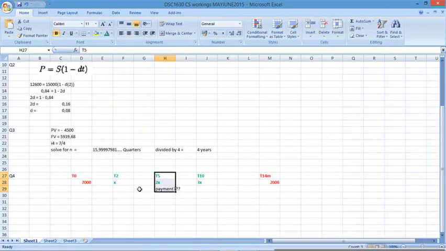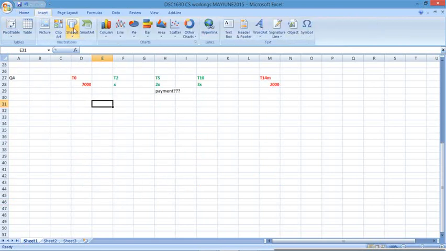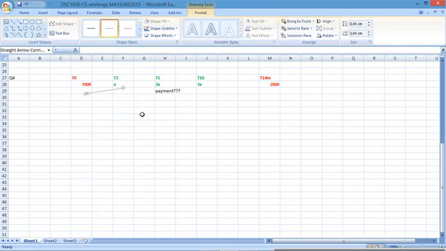So important here, theory, guys. Remember, all those amounts need to be at the same point in time. It doesn't matter where you take those amounts as long as you're taking them all to the same point. So I'm going to be taking all these amounts back to time 0.